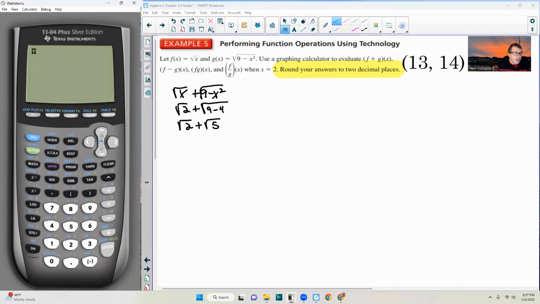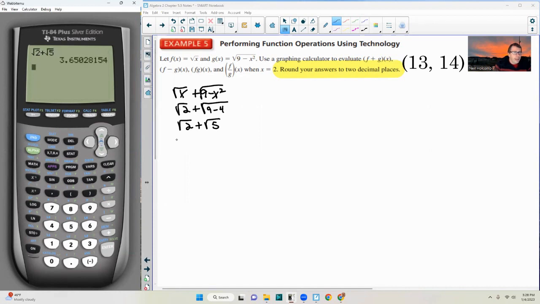So I'm going to use the calculator now. So I'm just going to take the square root of 2 plus the square root of 5. Oops, I didn't come out of my square root first. Let me do that over. Clear. Square root 2, arrow out of it. Plus square root 5. Get out of it.